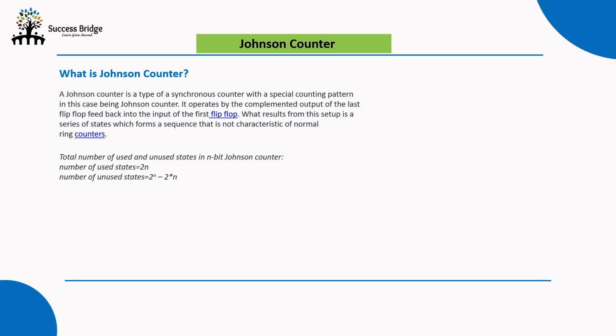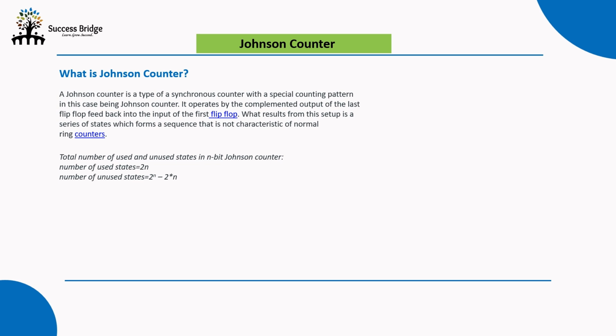As you can see here, to find the total number of used and unused states in a Johnson's n-bit counter, 2n is the number of used states. For unused states, we have the expression: number of unused states equals 2 to the power n minus 2n.